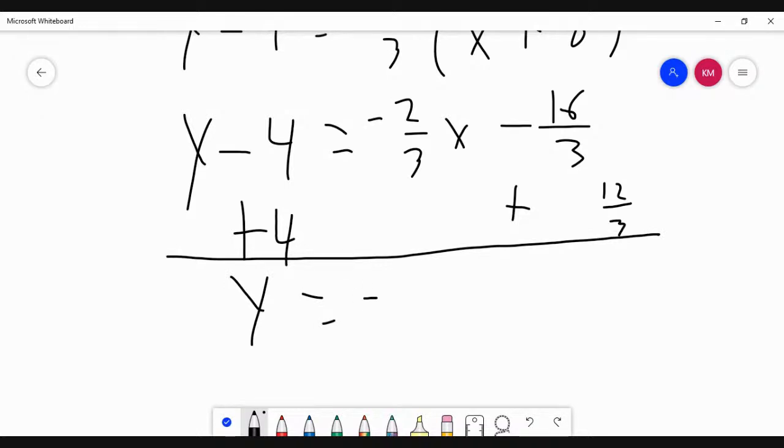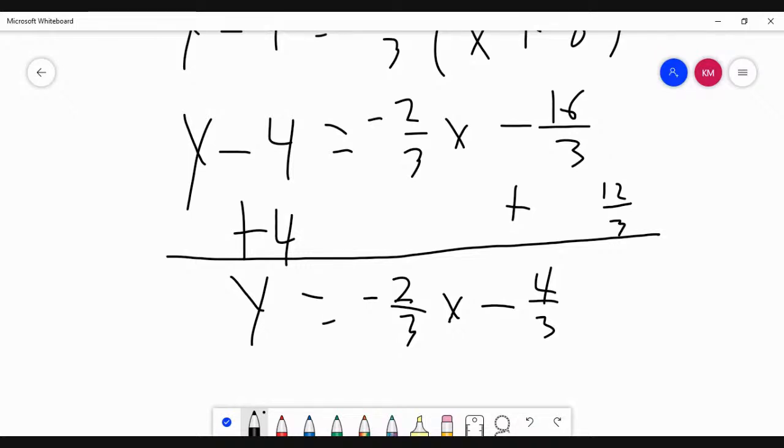I bring down my y equals negative 2/3 x, and 16 minus 12 is a negative 4 over 3. Because 6 minus 2 is 4, 1 minus 1 is 0. The bigger number is negative, therefore your answer must be negative.